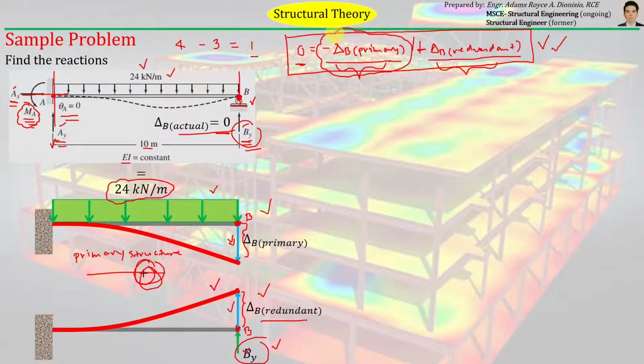We also have the conjugate beam method and the work energy method such as the virtual work method and the Castigliano's theorem or the partial derivative method. So we have several choices of methods to be used for us to be able to compute these two deflections that we have to compute here.